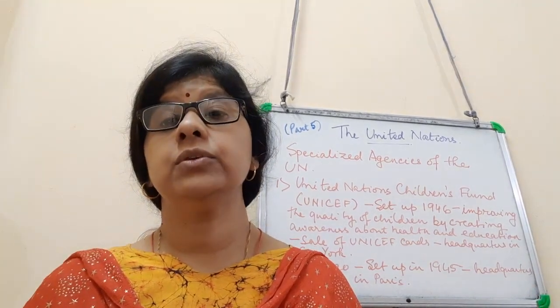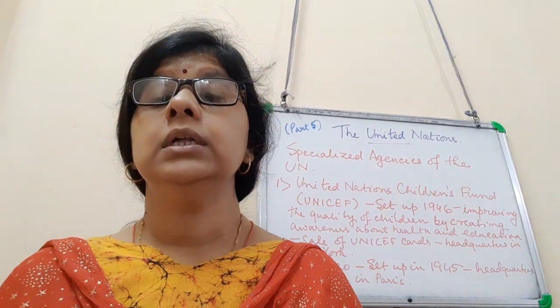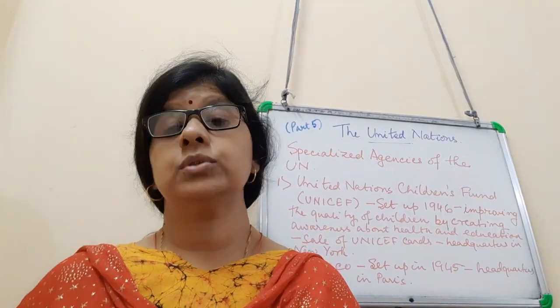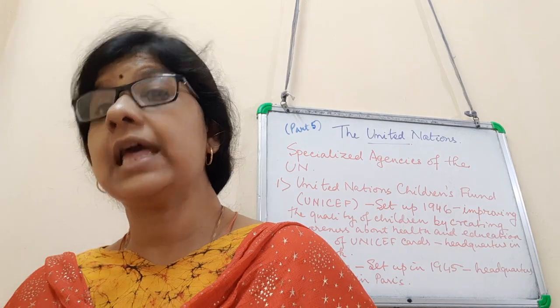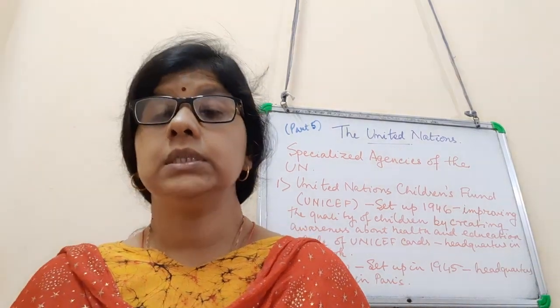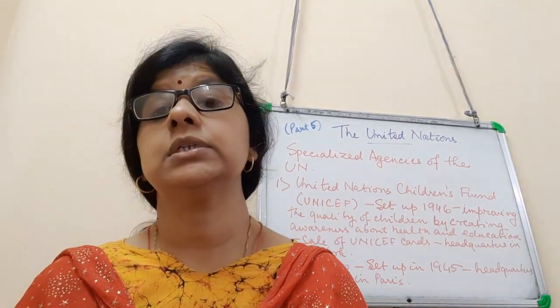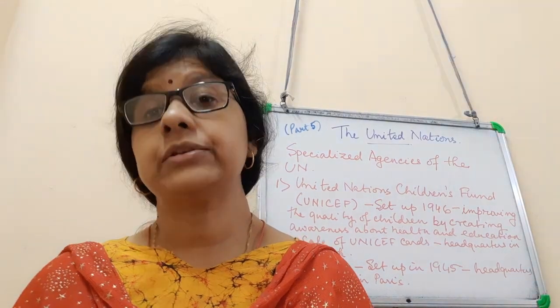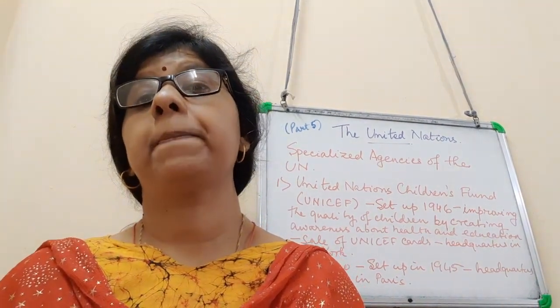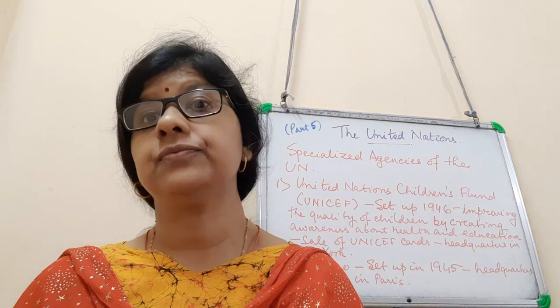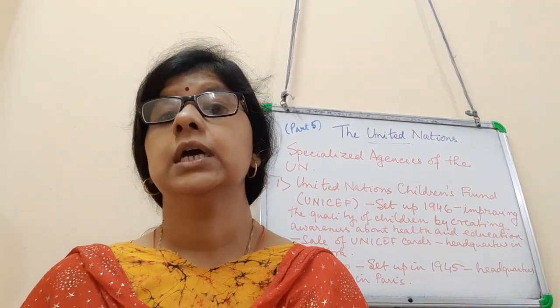main organs of the UN, with the Security Council being a very important part, and the last organ, the Secretariat, where the Secretary General is elected for a term of 5 years.